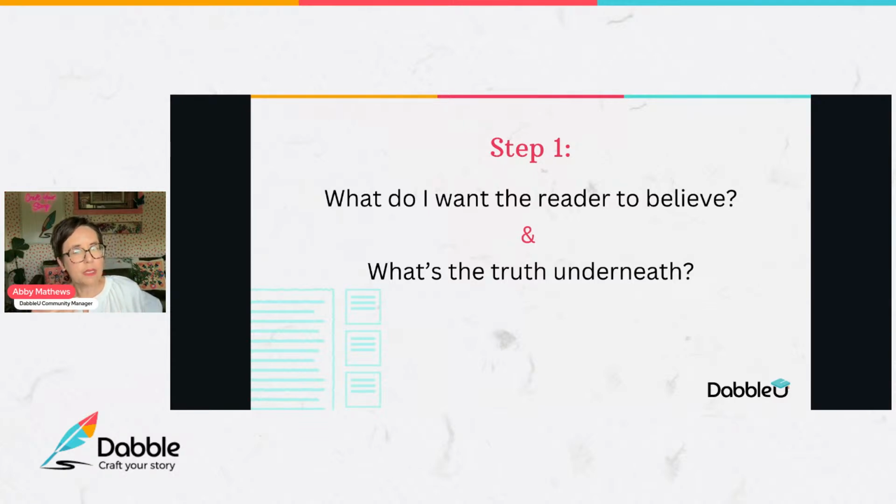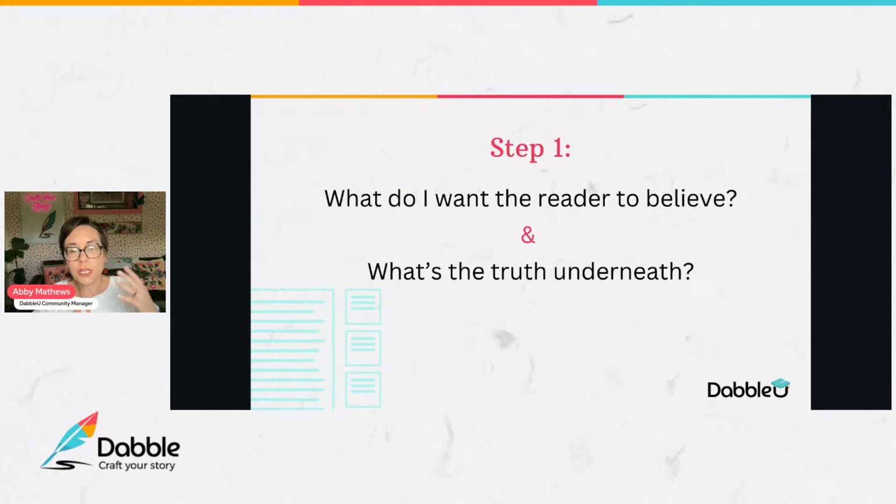Now, remember the example in To Kill a Mockingbird. The surface truth is that Boo Radley is dangerous, but the hidden truth is that he's kind and protective. So it's that contrast that gives this twist its power, okay? In Fight Club, the surface truth is that Tyler's a separate person, but the hidden truth is that he's a split-off identity.